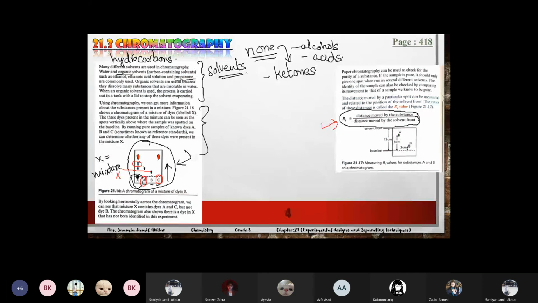Because human error is possible. Human error is always there. So by using the scale, we can measure, but there is personal error and also instrumental error. If the question asks why the value is not the exact value which is given to you in the question, so sometimes the RF value is given and they ask you to calculate, and whether it is exactly the RF value which is given or not.